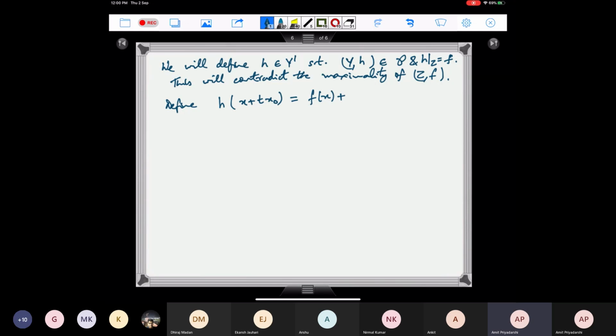So h of x naught we want to be equal to some scalar alpha. So this is equal to f of x plus alpha t for x belonging to Z and t belonging to R, where alpha will be chosen suitably.